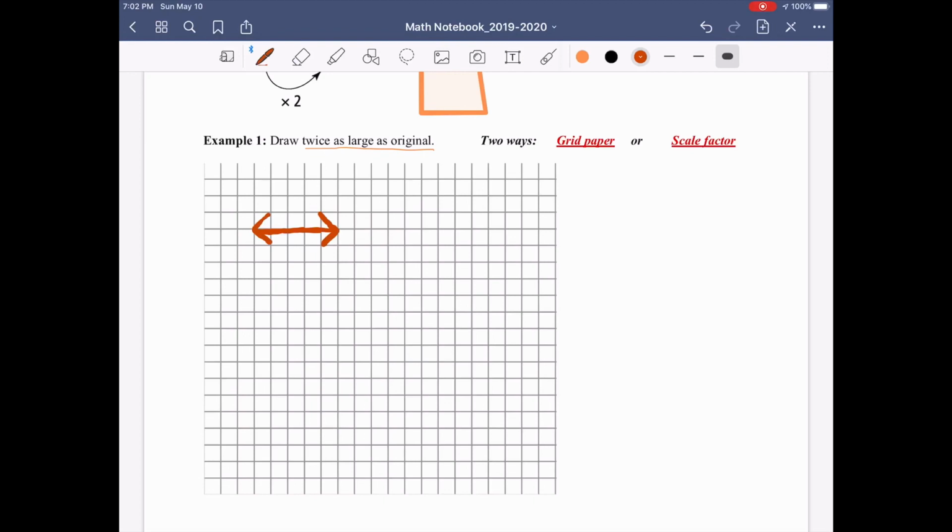The first method is to use grid paper, which is what this is. You want to count how many squares it takes up and then double it, because it says to draw it twice as large. It takes up 1, 2, 3, 4, 5 squares, so the enlargement should take up 1, 2, 3, 4, 5, 6, 7, 8, 9, 10 squares.